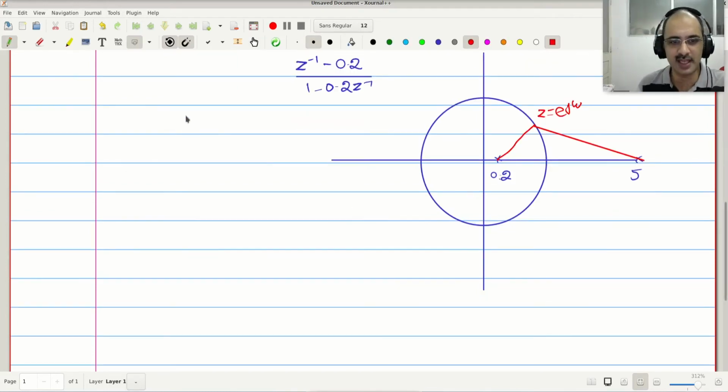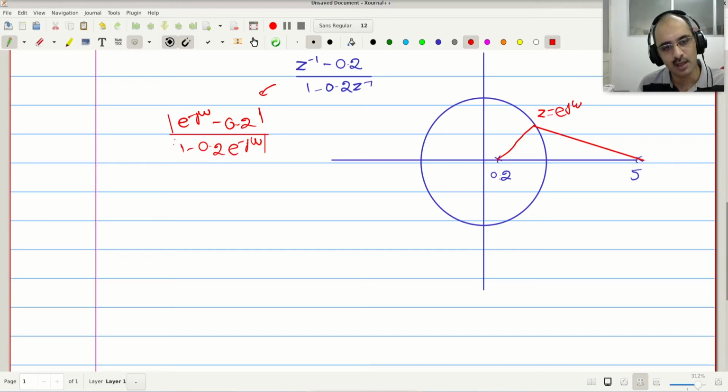So I'm basically going to convert this to the magnitude of e power minus j omega minus 0.2 upon 1 minus 0.2 e power minus j omega. You know our trick of multiplying by e power j omega on both the numerator and denominator. I'll take the 0.2 out.